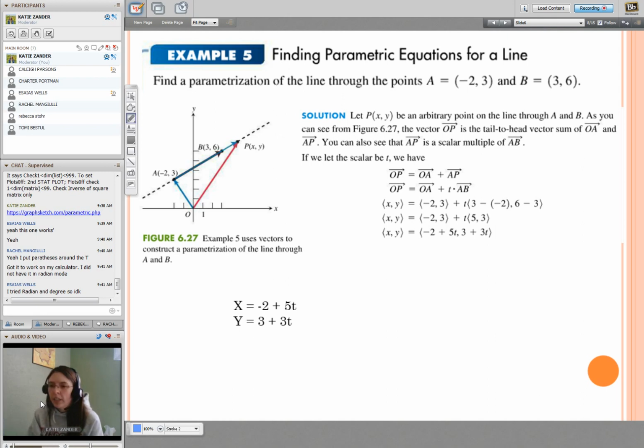So let's see if we can sneak in one more topic for today. It says finding parametric equations for a line. This one's actually not that bad. If we're given 2 points A and B, we're just going to start with the first point and turn it into a vector based off of the origin.